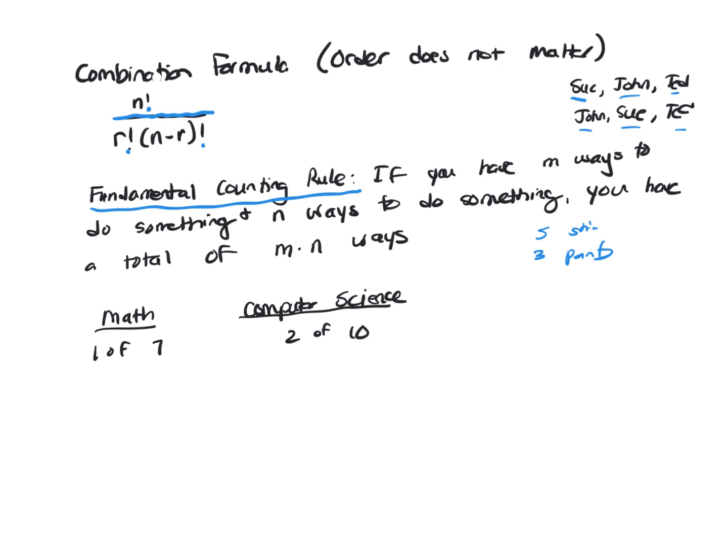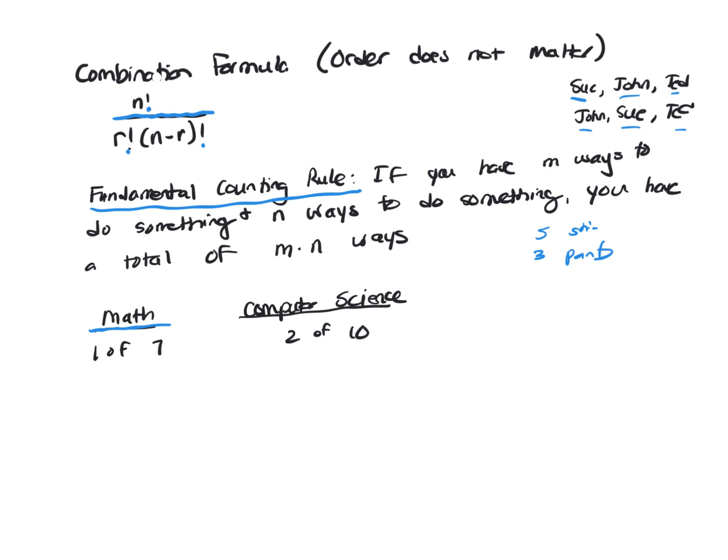We want to fill 1 of 7 candidates for the math and 2 of 10 positions for computer science. So how many choices do I have? You want to choose 1 out of 7, and order doesn't matter. So this n will always be your larger number of the 2.